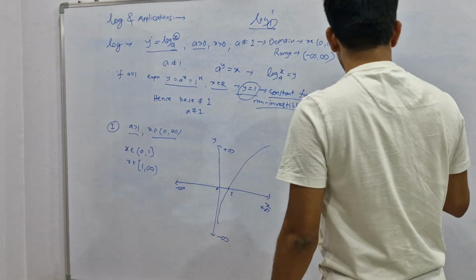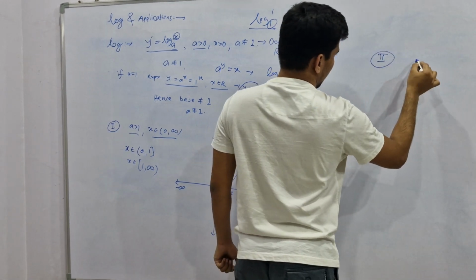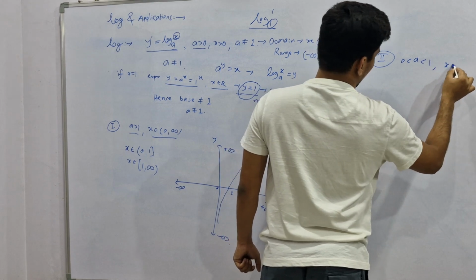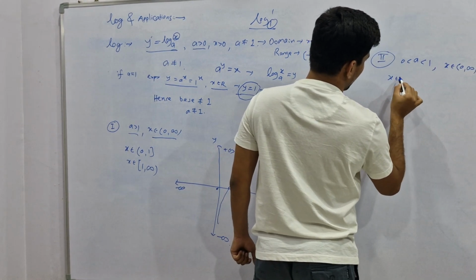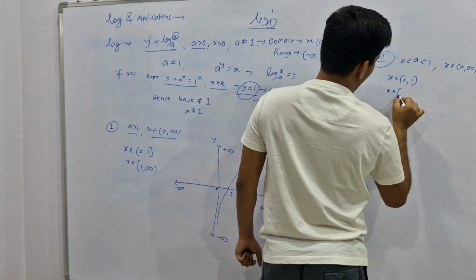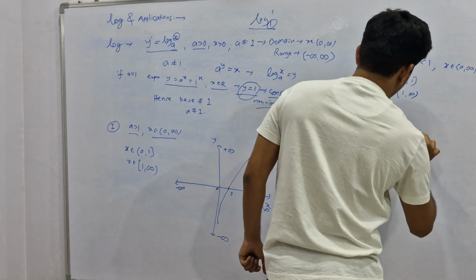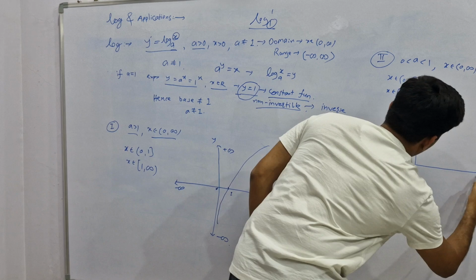Now the second case: a is greater than 0 and less than 1, and x belongs to 0 to infinity. Let's take two cases: x belongs to 0 to 1, and x belongs to 1 to infinity. Now we are going to draw the graph.